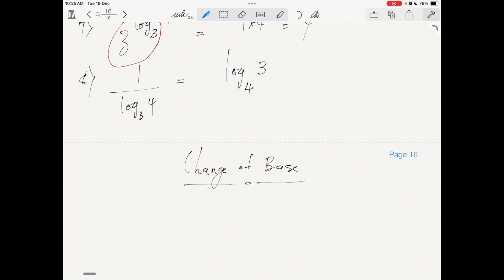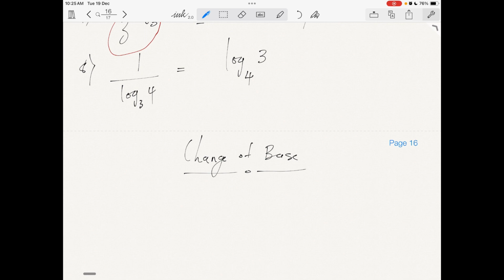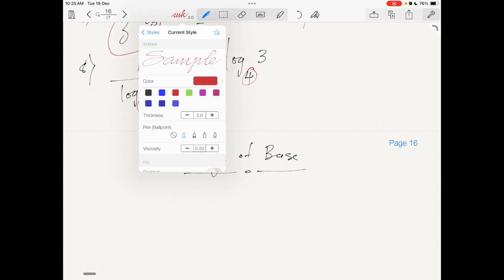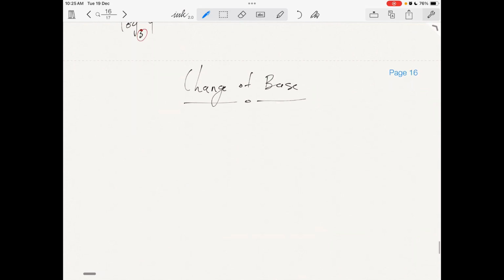Okay, now what does it mean to change base? Here we change from base 3 to base 4. Now we can also move to an entirely different base, such that we have a formula. Let me just give it to you straight.